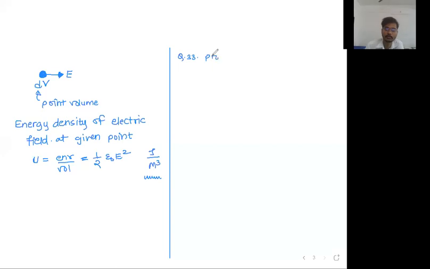Very simple. Write down. Prove that charge given to an isolated large sheet distributes equally on its two surfaces. Large means you can take it as infinite, very large.